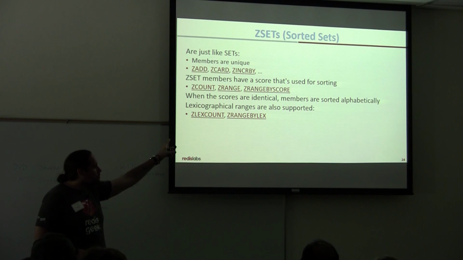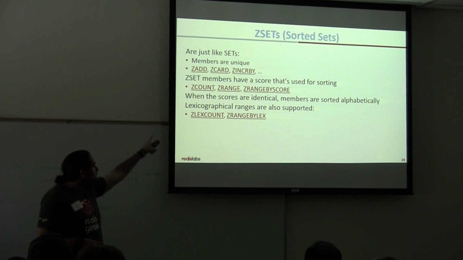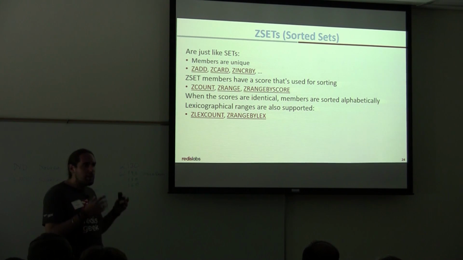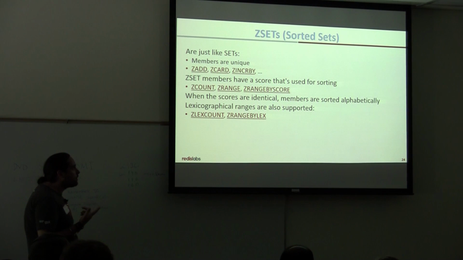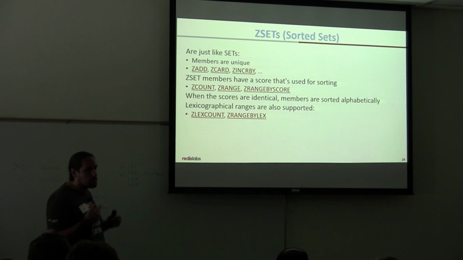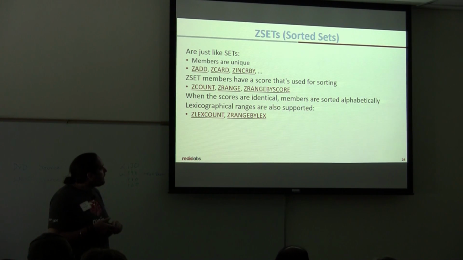You can store things about them, these different keys, by these IDs, and look that up and actually run ranges and a lot of the same kind of operations that I showed you before. Those same operations are available for sorted sets, and then it has additional ones that allow you to do alphabetic sorting and ranging over your keys or your scores.